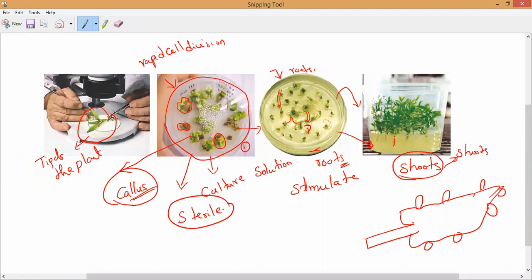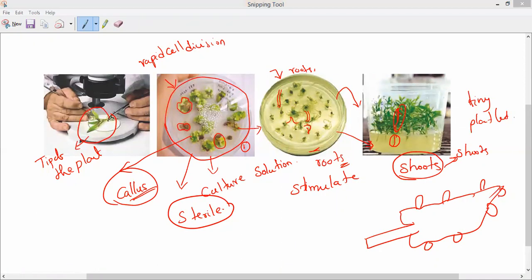So here also, in the same way, once the roots and shoots develop, they will start forming small, tiny plantlets. Here, many tiny plantlets are produced from just a few original plant cells. That is why tissue culture is so popular.